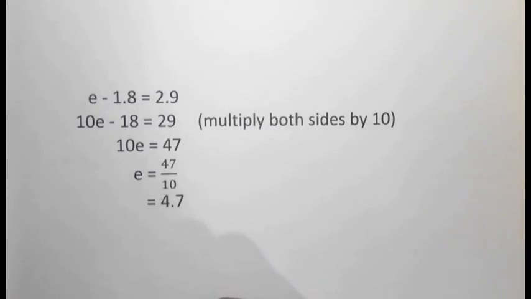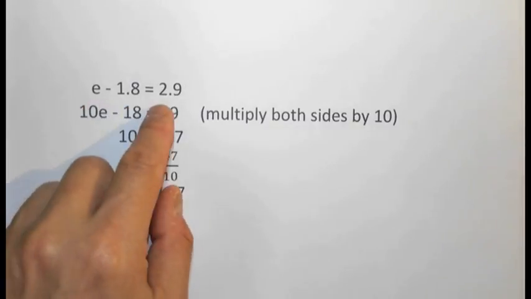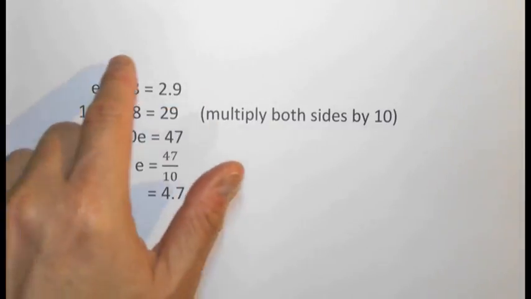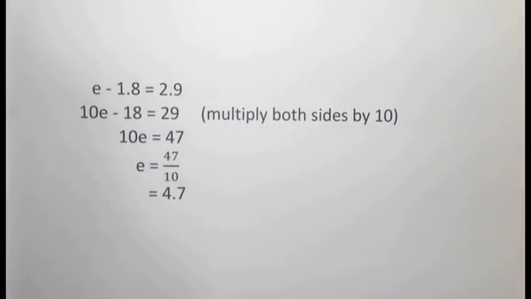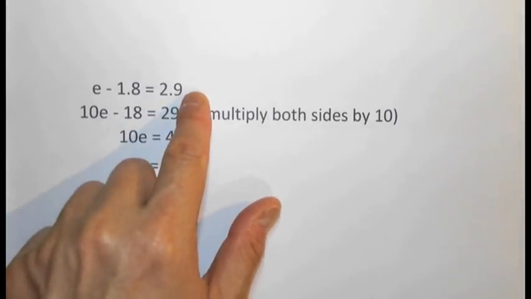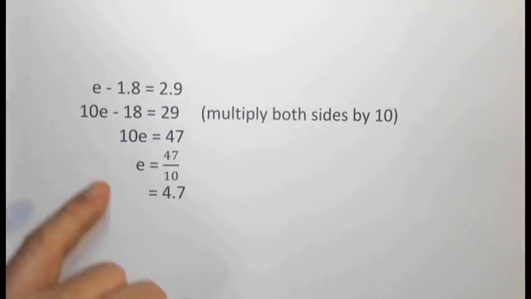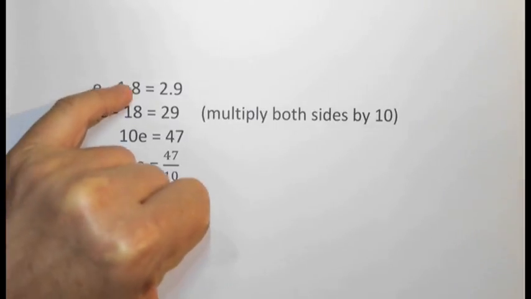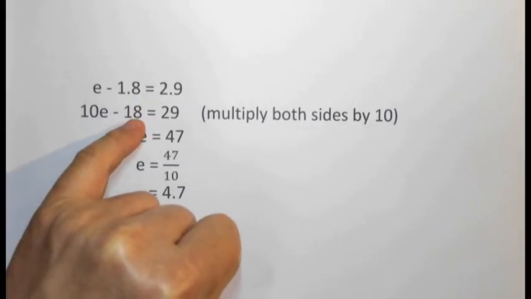Last example, this time involves decimal places. We have e - 1.8 equals 2.9. How do we actually solve this? We can multiply both sides by 10, which means the equivalent equation is 10e - 18 equals 29. 10 multiplied by e is 10e. 1.8 multiplied by 10 gives us 18.